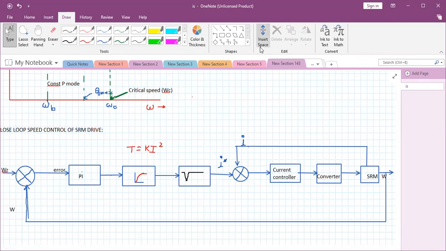Now the another thing is that we have to identify the position.